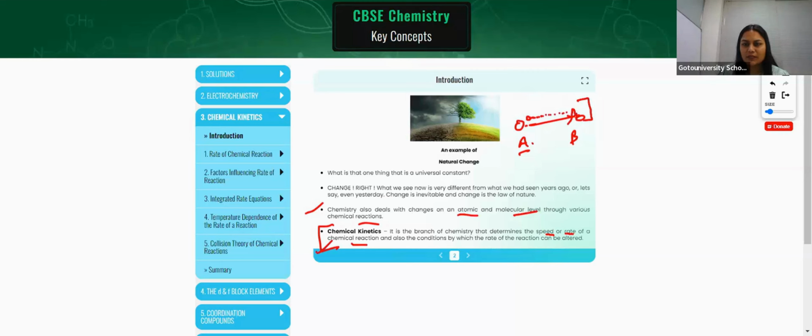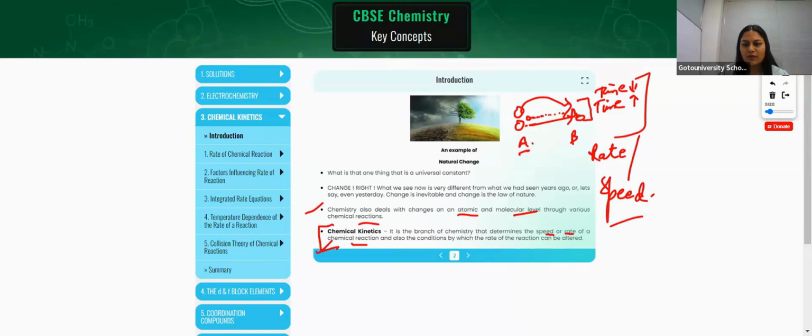Now the rate of changing his position from A to B will take lots of time, right? On the other side, if a person jumps from point A to B, it will take less time, right? So basically what we discuss in chemical kinetics is at what rate or at what speed a chemical reaction is taking place, where time is the main factor.